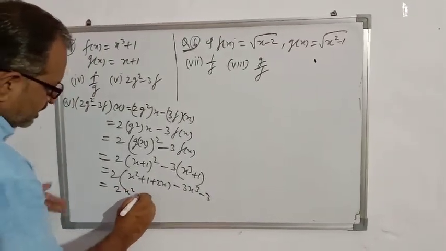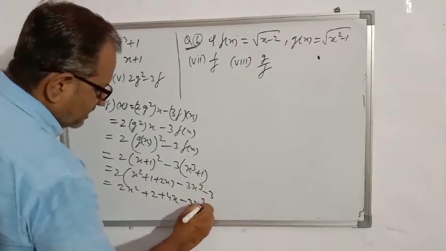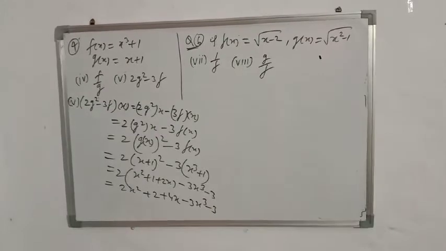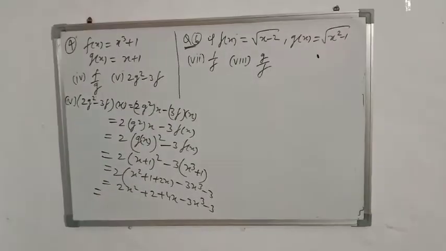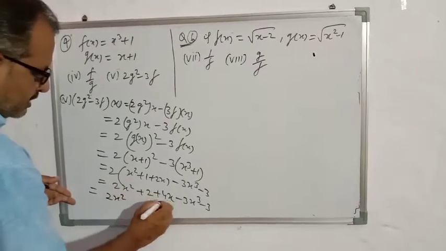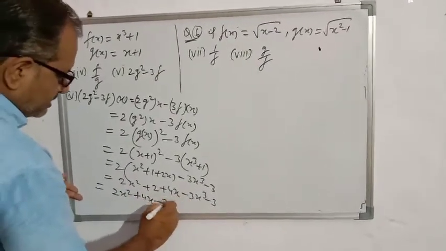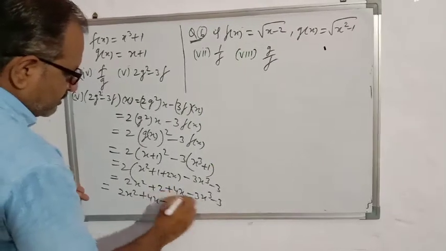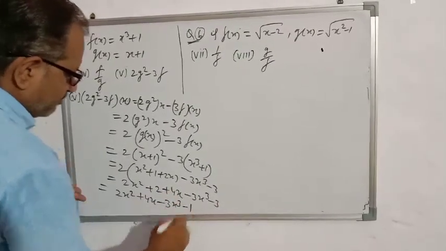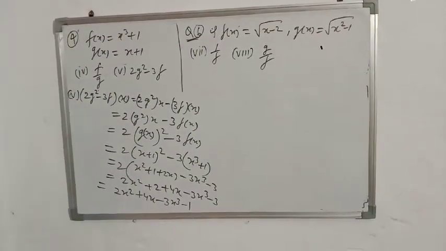Multiplying, 2x square plus 2 plus 4x minus 3x cube minus 3. So 2x square plus 4x minus 3x cube plus 2 minus 3, which is minus 1. So this is the answer of the fifth part.